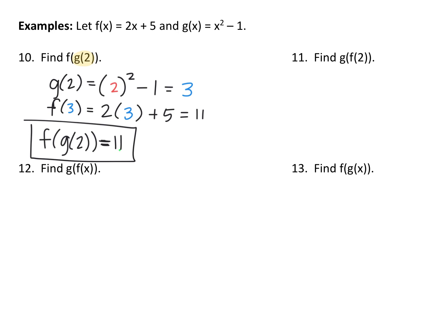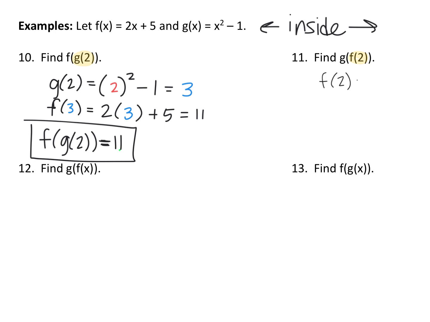So if you're catching on, what we do on these ones is we go inside first, and then we move out. I don't know if that's a good way to represent that. It's up to you. Okay. So on number 11, we got to figure out first what's f of 2. And then once we know what that is, we can plug back in.